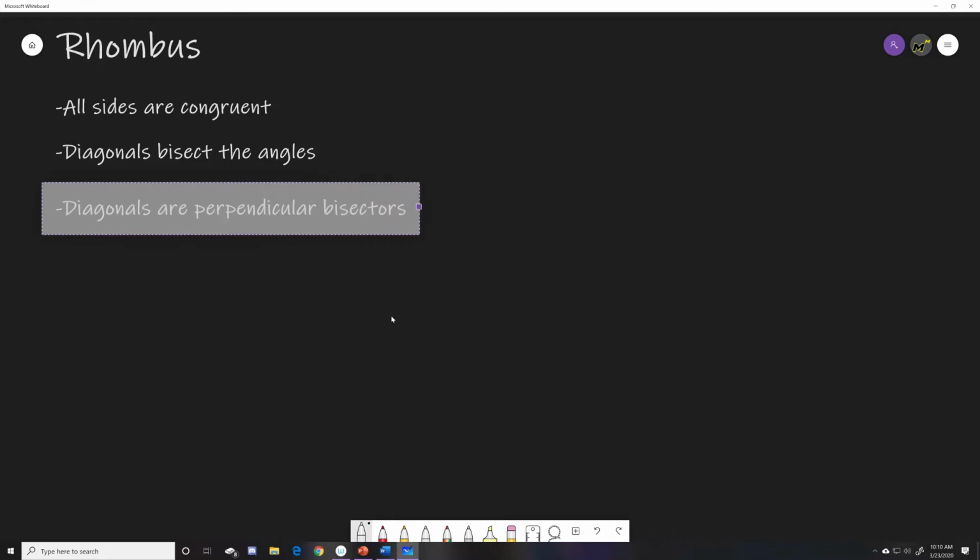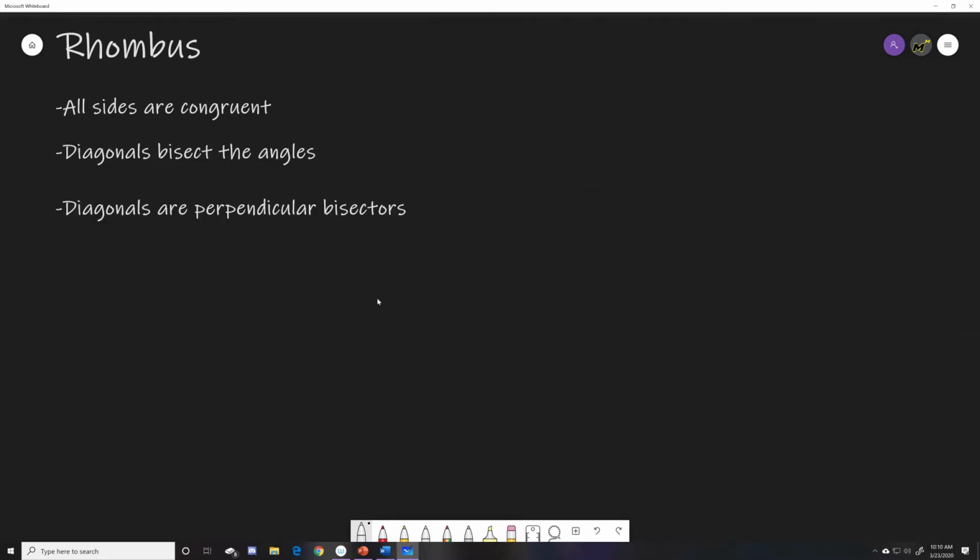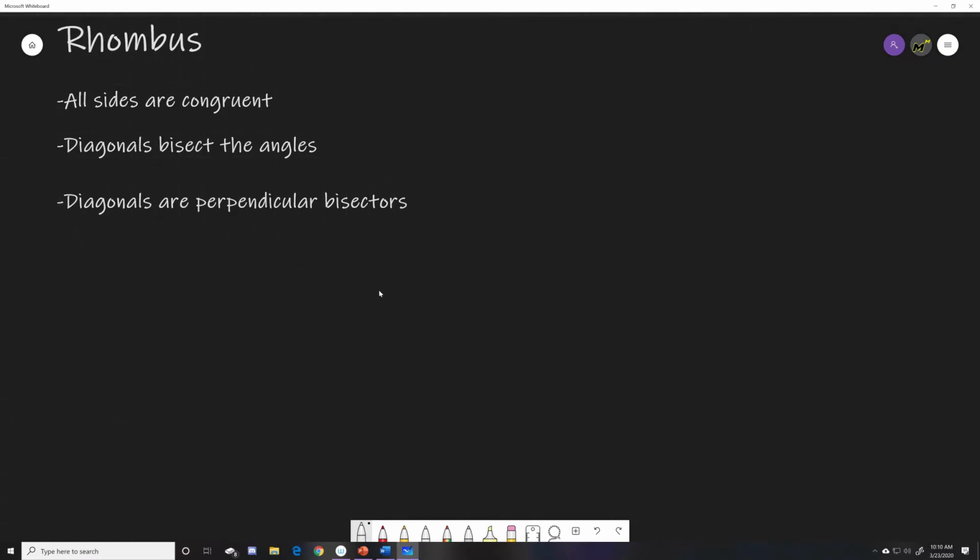Okay, and so let's look at an example for each of these. So let's say we had a rhombus. Let's see, so kind of like a diamond shape. Close, not quite a rhombus. We'll assume it is with our markings. And so over here, let's say we had x plus 14.